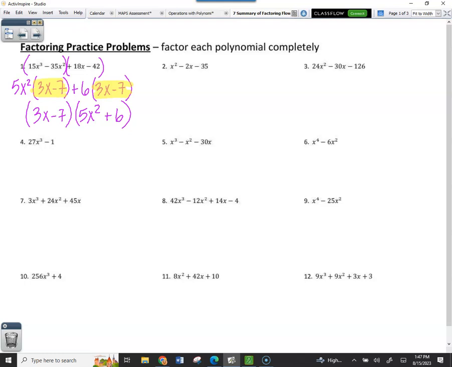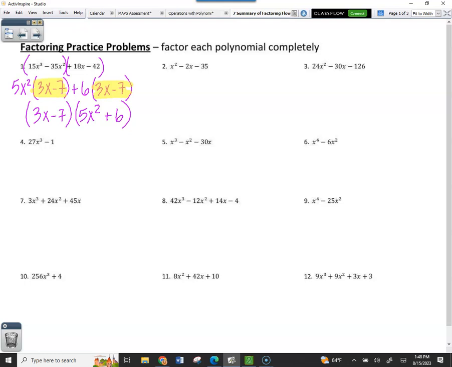Click it. You can only do it with numbers. You can't do it with letters. Type 30, 126, and it will produce the GCF of those two numbers. 6? Yep. It won't let you do 3 numbers. I wish it would, but you could just pick the 2 biggest numbers that you're not comfortable with, and then double check it. Once you pull that 6 out, now it's a standard quadratic where a is not 1.